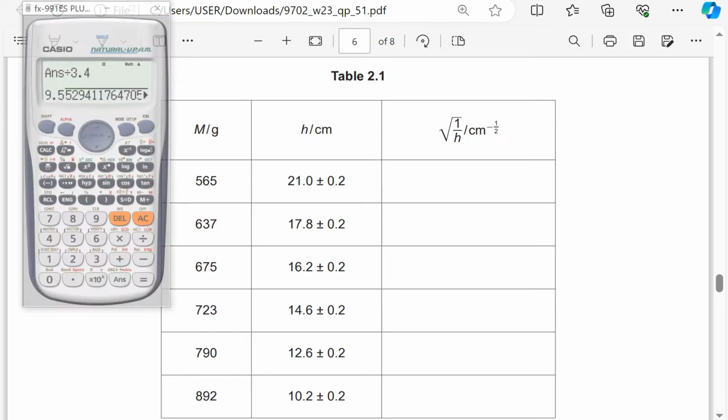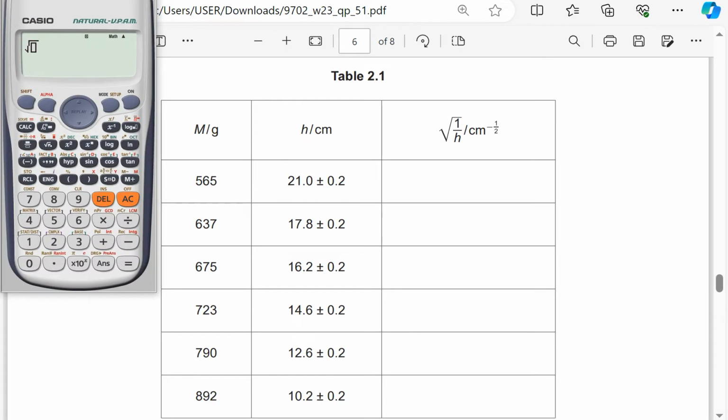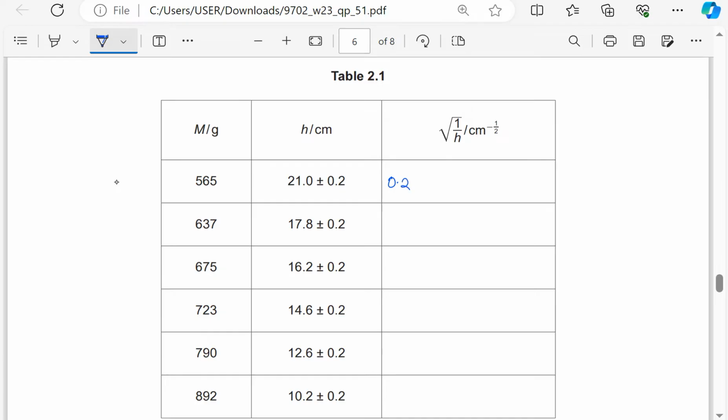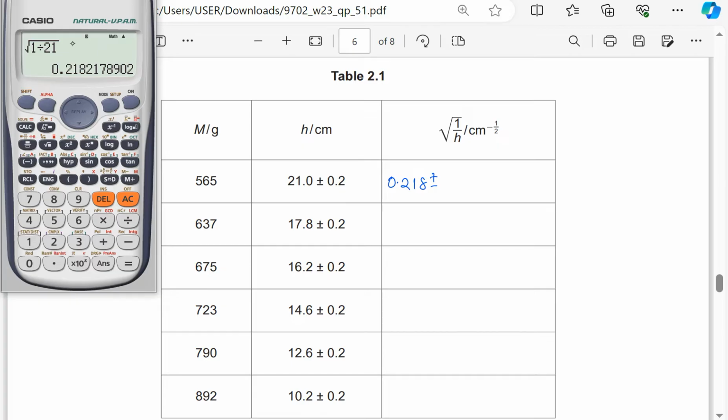So I'll simply say the root of 1 divided by 2.1. This is 3 significant figures, so I'll write this as 0.218 plus or minus. The next one, I'll just change this to 1 divided by 17.8.